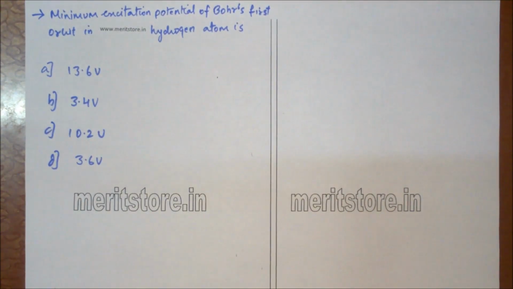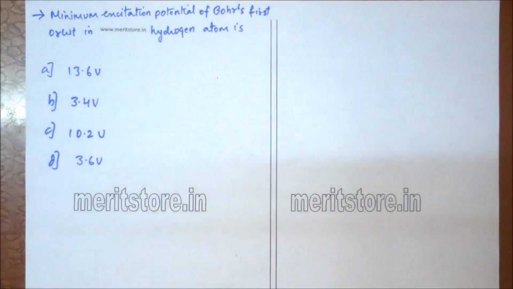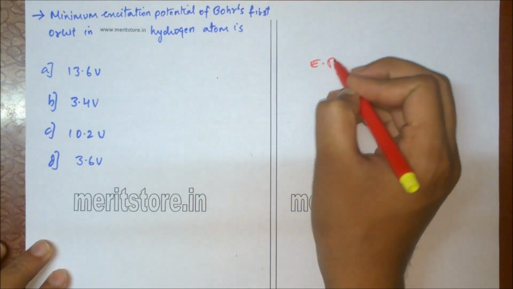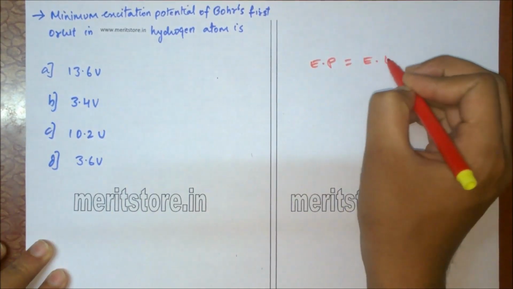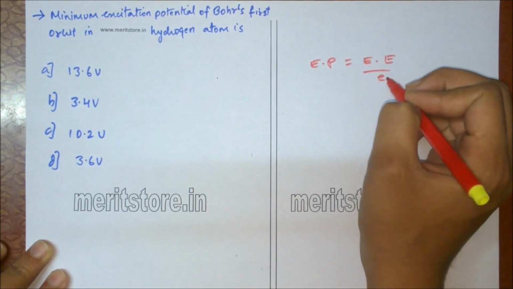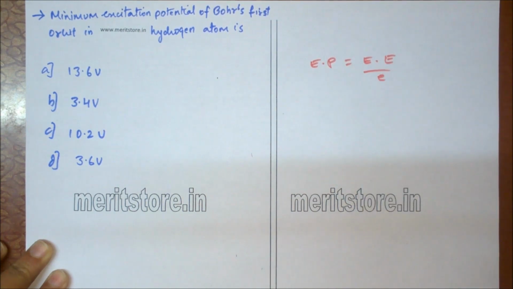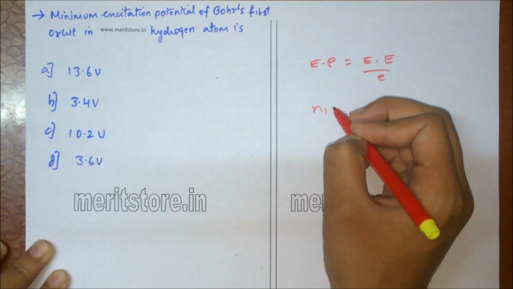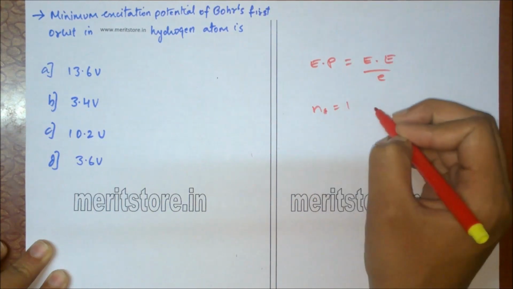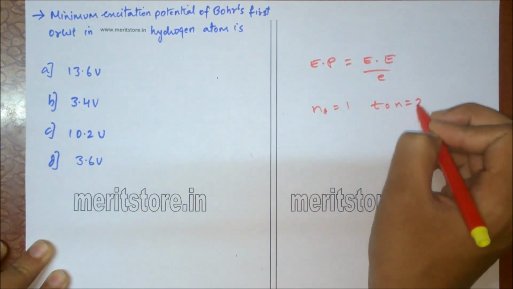Minimum excitation potential of Bohr's first orbit in hydrogen atom is, excitation potential is equal to excitation energy upon electron. So minimum excitation energy corresponds to n is equal to 1 to n is equal to 2.